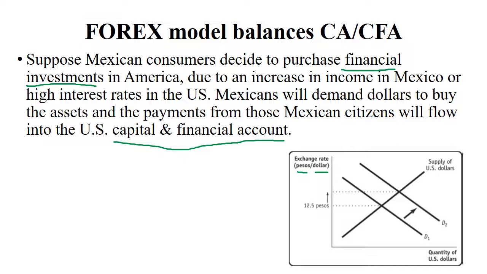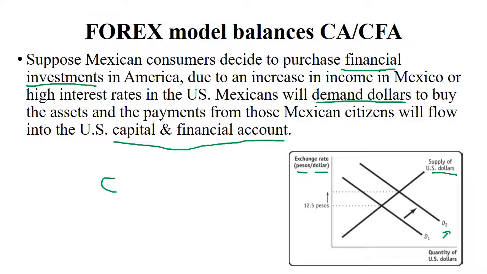So if they're buying an American investment, they will demand dollars. So we can see here, this is the model for US dollars, and the demand for US dollars has increased as these Mexicans are using dollars to buy assets, all of which goes into the capital and financial account.